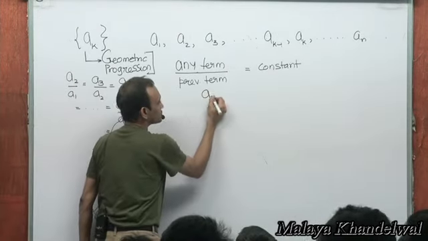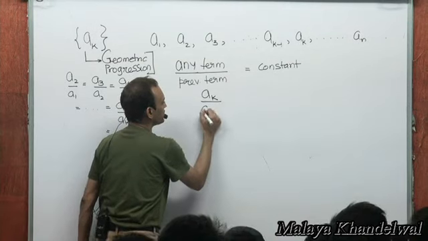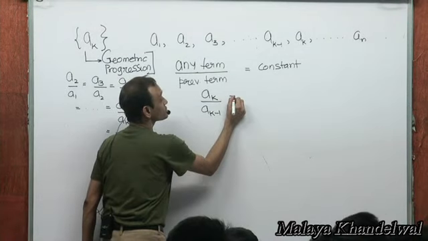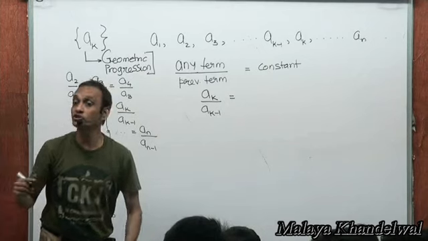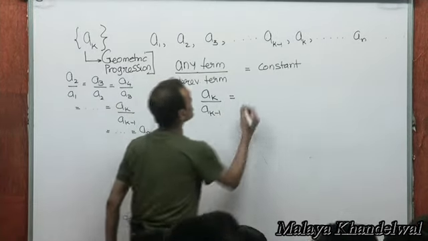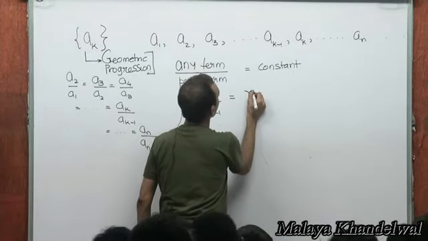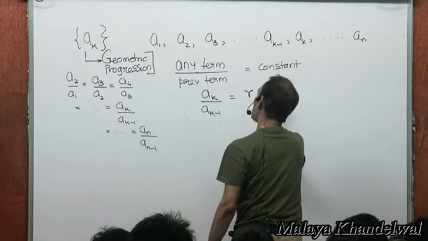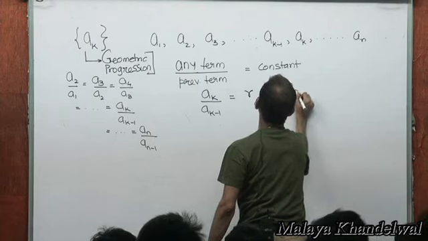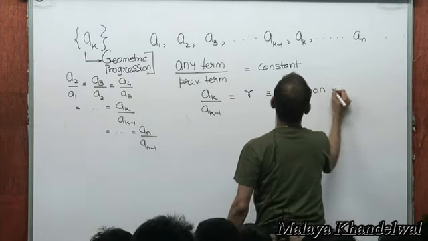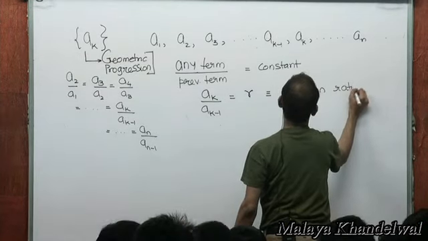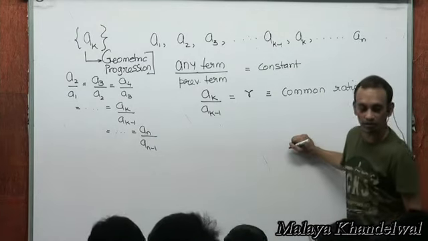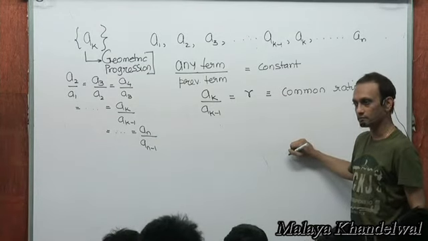So, in general, any term by previous term is a constant. This constant is commonly designated by the symbol R, is a property of the sequence, and is called the common ratio of the sequence.